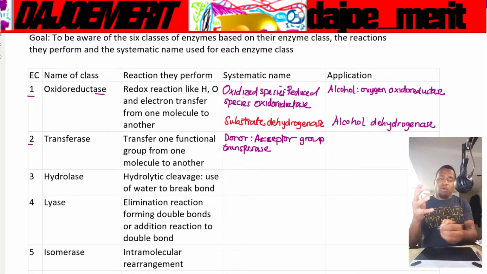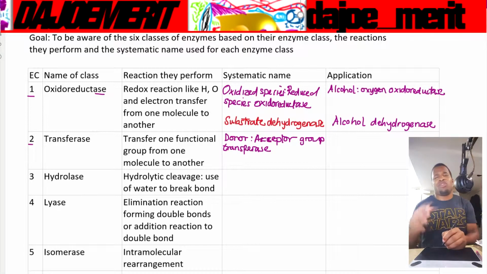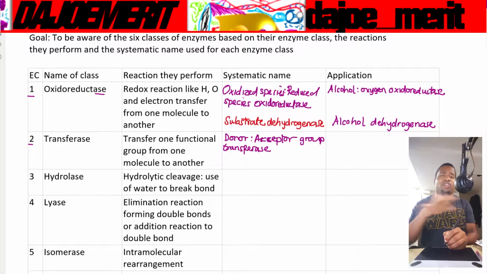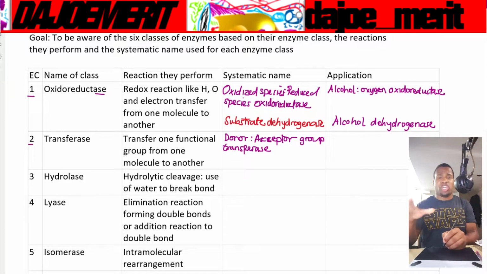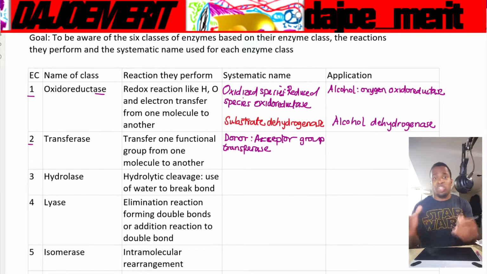Or we can go with a simple one which we don't really go into, so I'll just ignore that because this is pretty much the generic name for transferase in general.